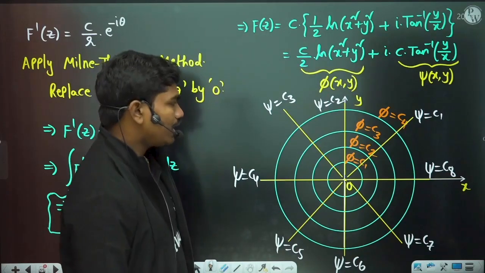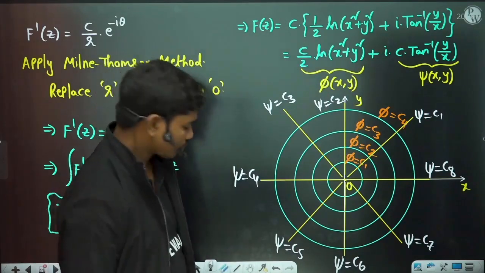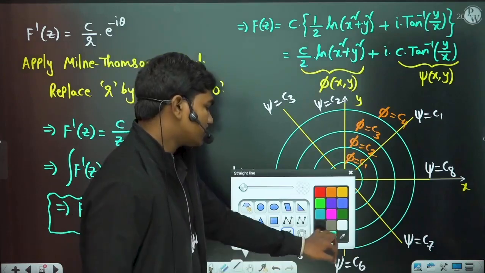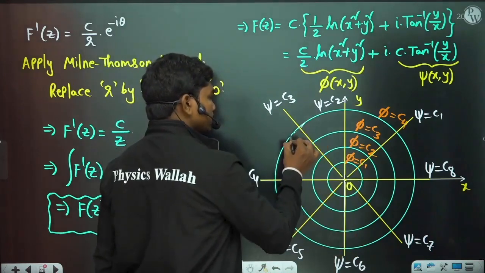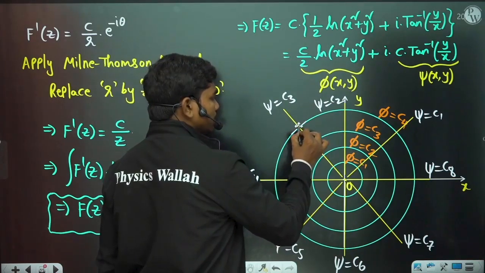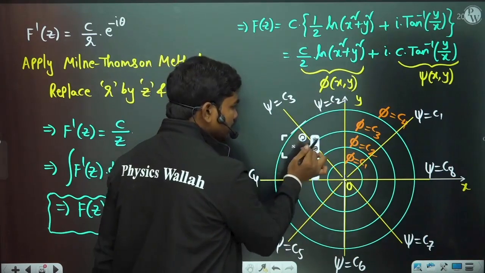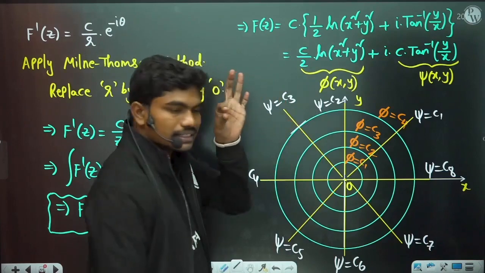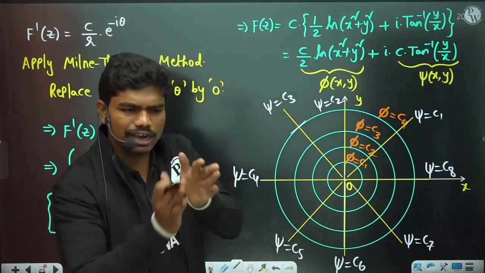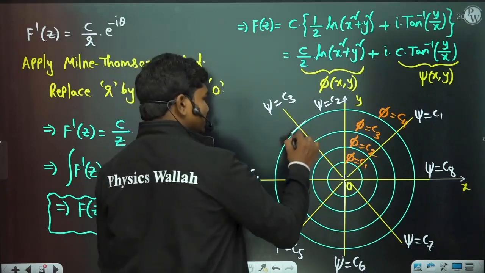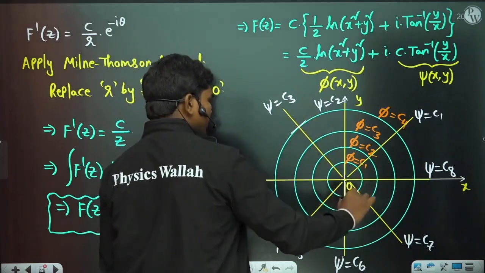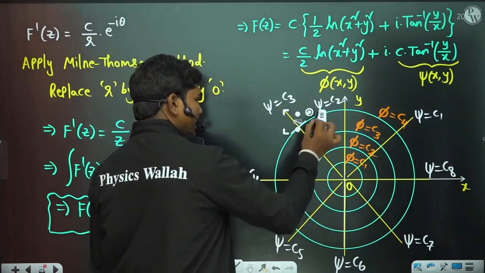Okay, so again I'll tell you one thing. If you draw a tangent at any point to this circle, for example at this point, what is the meaning of tangent? If you take a small length of a circle, the tangent and that small length are almost the same, correct? They are almost parallel actually. So the tangent and the normal, which is perpendicular, are always at 90 degrees, correct?